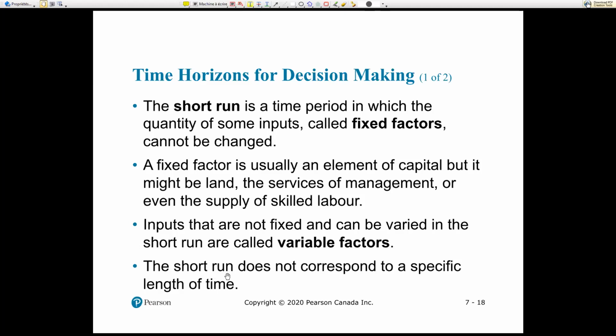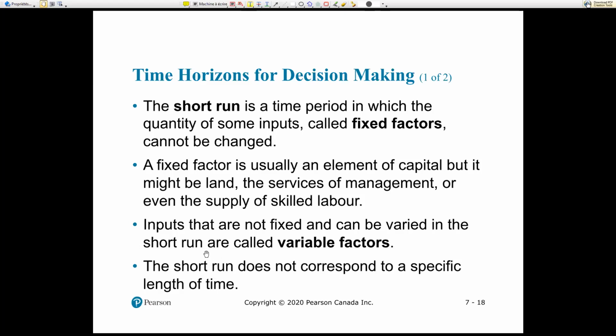The short run is not some specific length of time. It could be a day or an hour or a week, but it really says this is short run compared to that other thing. So it's a matter of comparison.